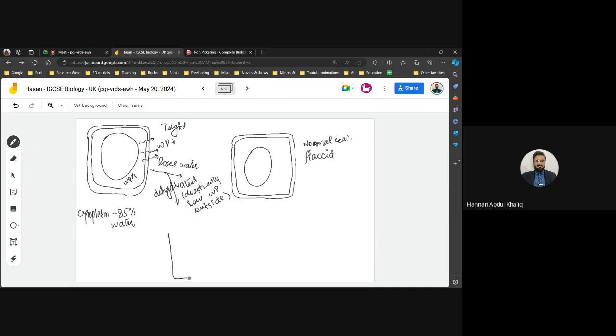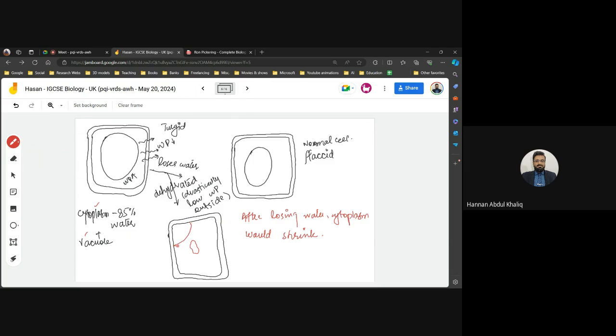So if a cell loses water and dehydrates, it means it is going to lose not only the water from the vacuole, but also from the cytoplasm. Once it loses the water from cytoplasm and vacuole, the vacuole would look like this, and the cytoplasm, after losing water, would also shrink.